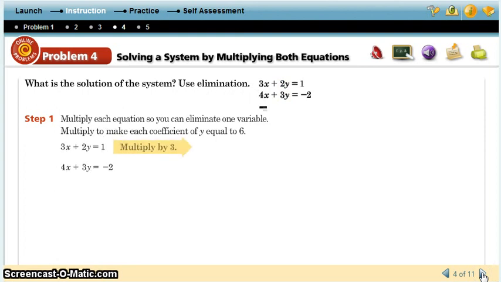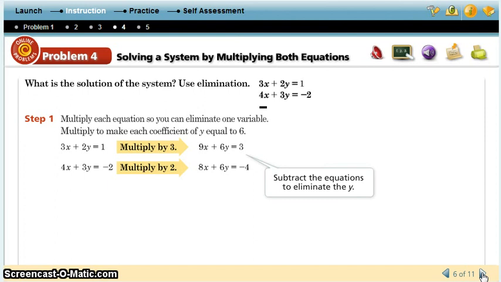First, multiply the first equation by 3. Now multiply the second equation by 2. Now that the coefficients of y are the same, you can subtract the equations to eliminate y.